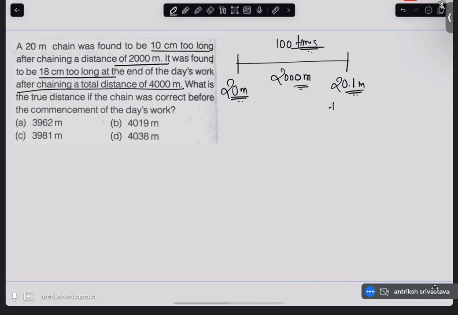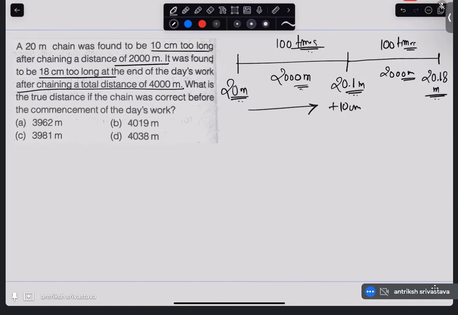So it increased by 10 centimeters throughout this period. And at the end of the day, after additional 2000 meters according to the chain, or 100 times additionally laying this chain down, we realized that the chain length had again grown to 20.18 meters.